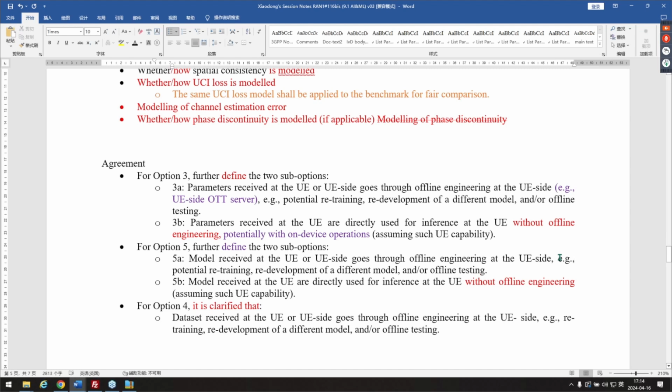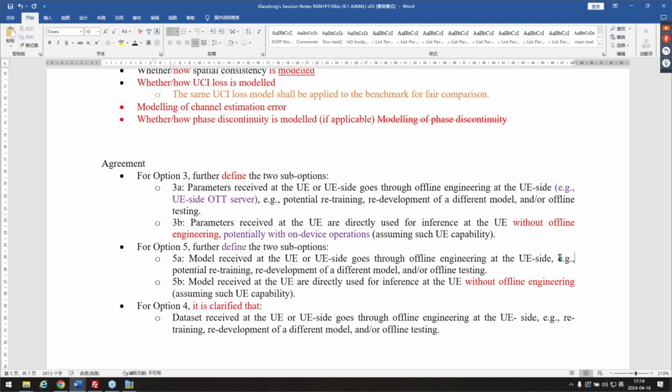Amira. Thank you, Mr. Chair. For option 4, it says retraining redevelopment, but that's about dataset transfer, dataset exchange. What does retraining redevelopment mean? Maybe you don't need that example. Yeah, so for option 4, the example should be different.